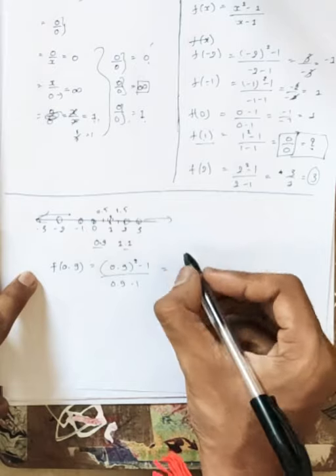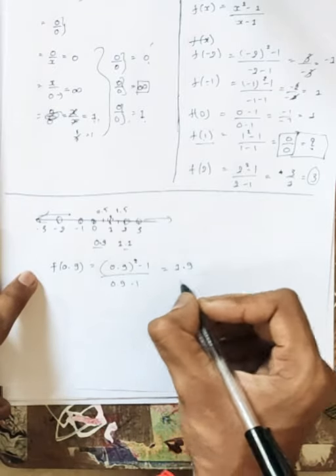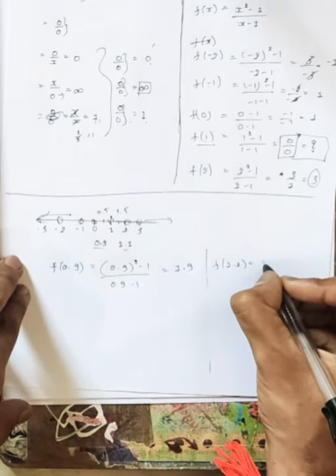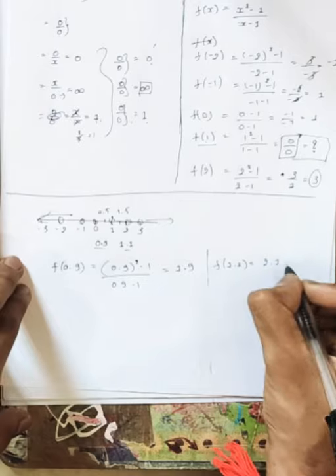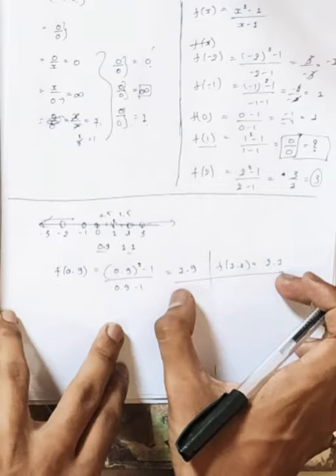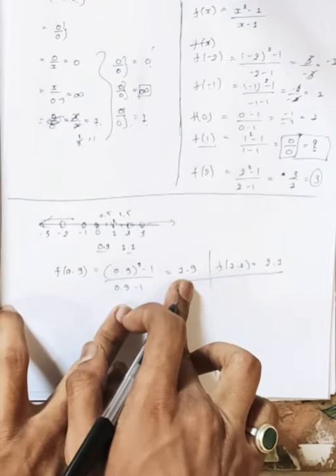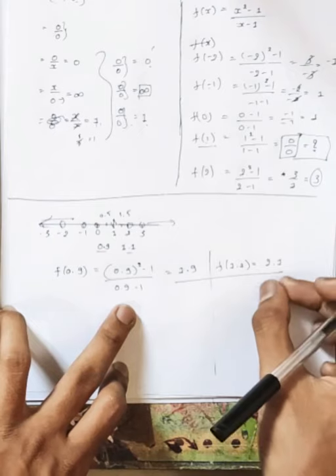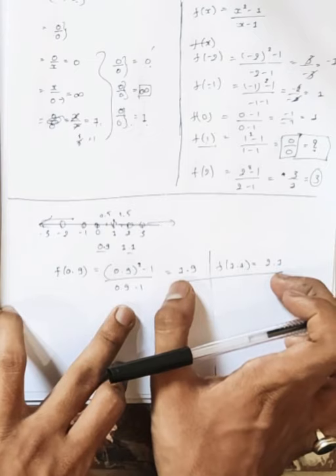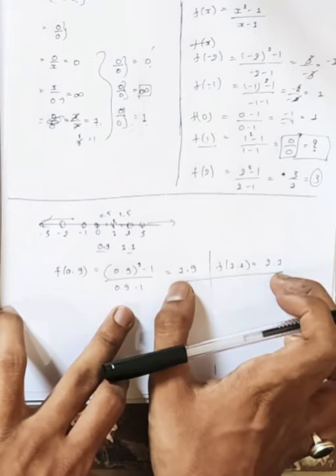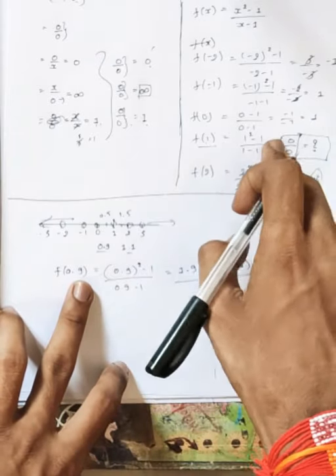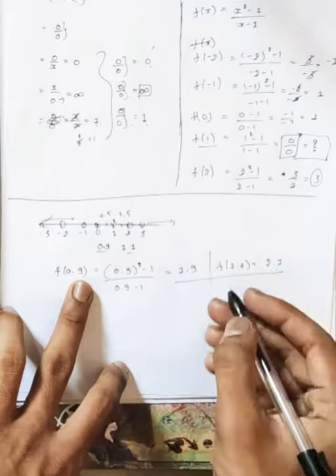Now this you can check, it will give value 1.9. Also for 1.1, it will give value 2.1. Now this you can check by calculating. So now see, from the left side it has given us 1.9, from the right side it has given us 2.1. Now from these two values we got an approximate idea that if we put 1, of course it is giving us indeterminate form, but for 1 the answer could be 2.